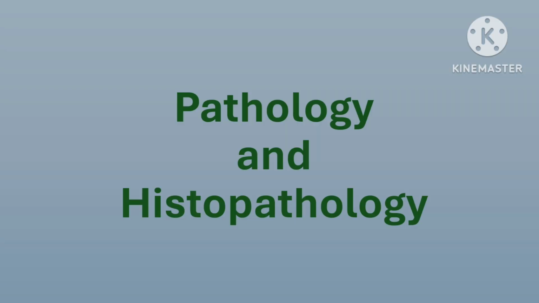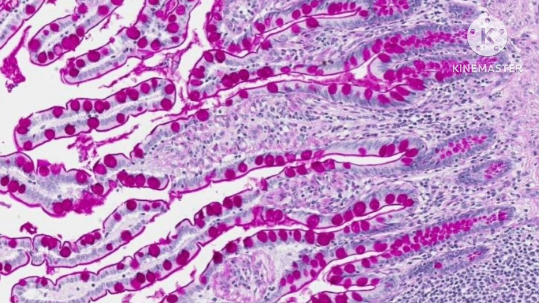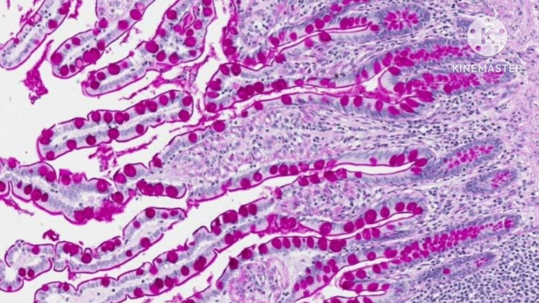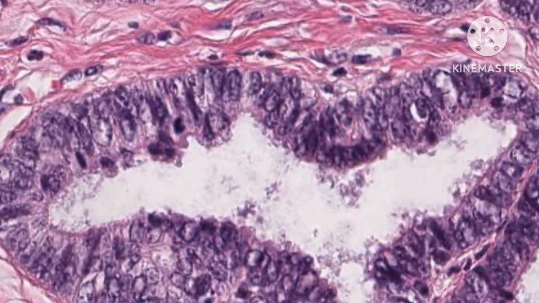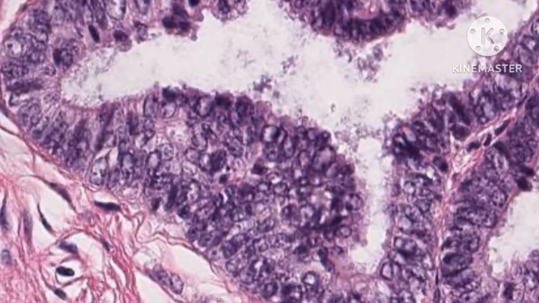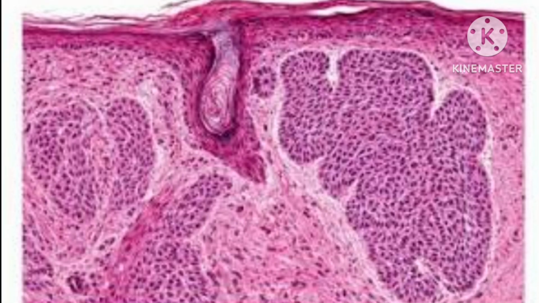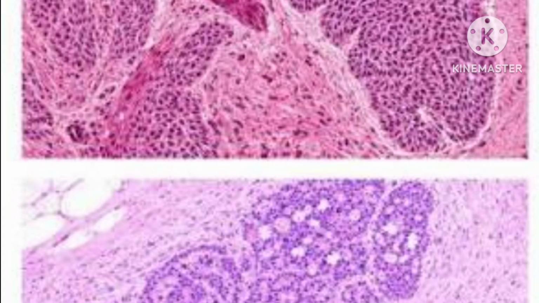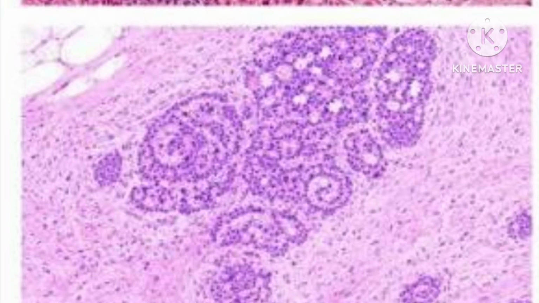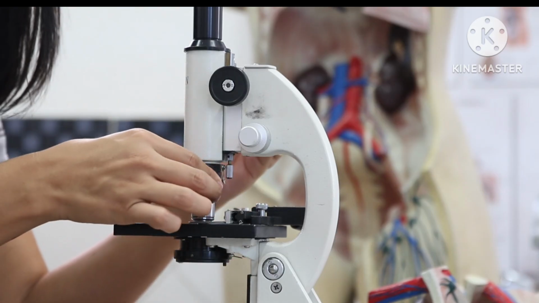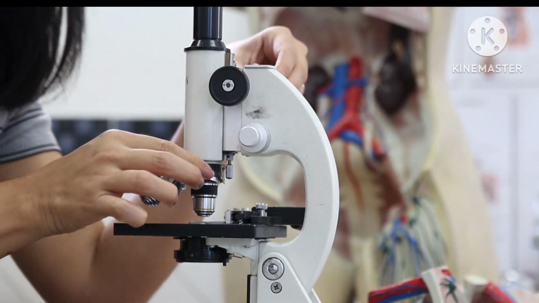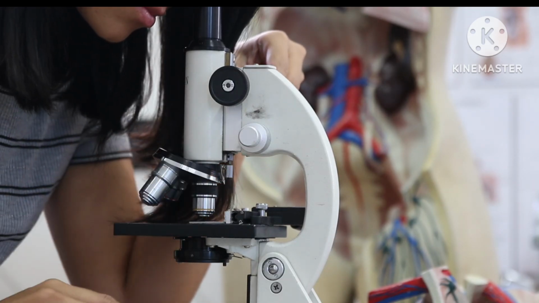In pathology and histopathology, microscope is used to study tissues and cells. It helps in observing cell arrangement, tissue structure, abnormal changes in cells. So, whether it is blood, urine, stool, or tissue, the microscope has a role almost everywhere in the lab.